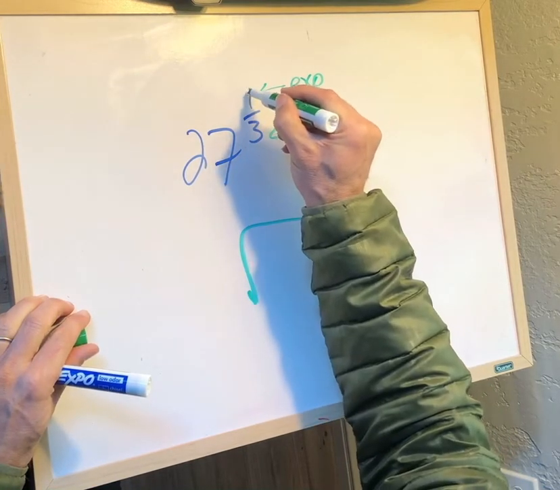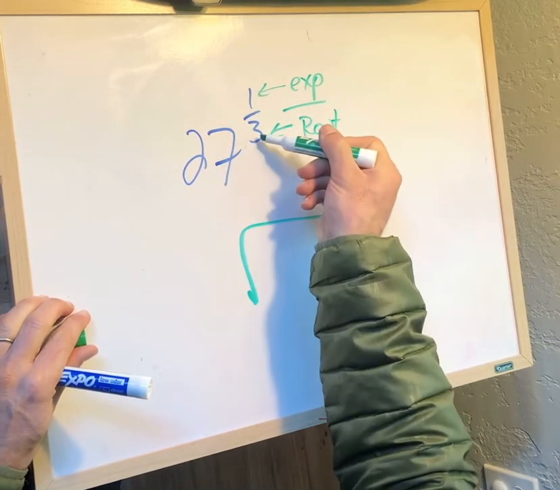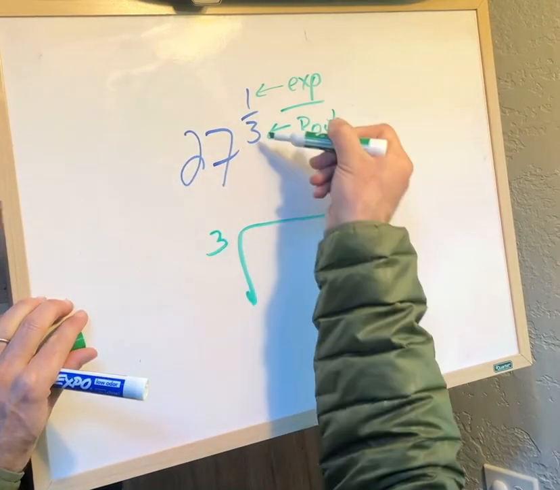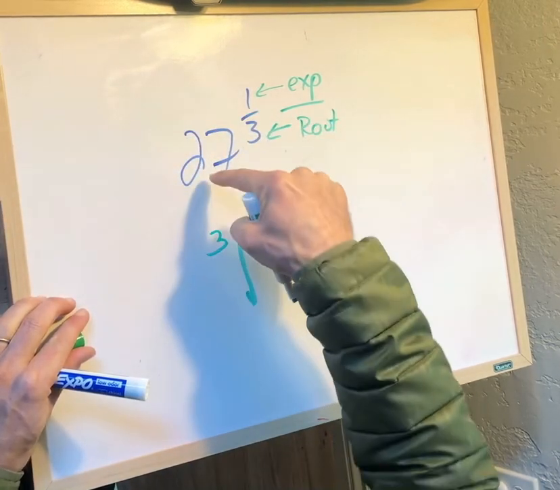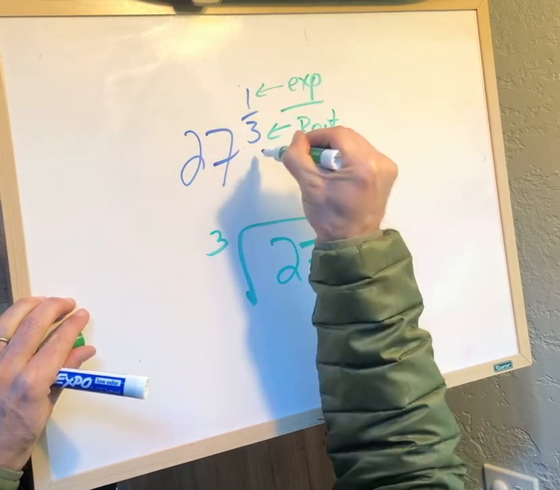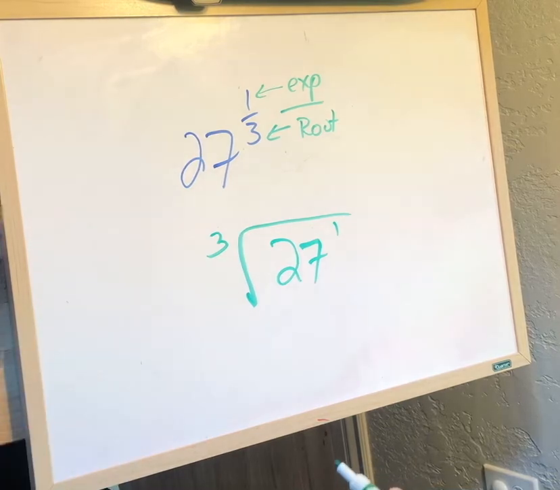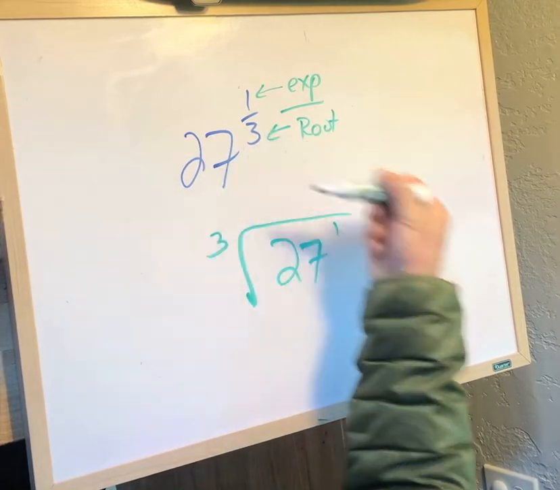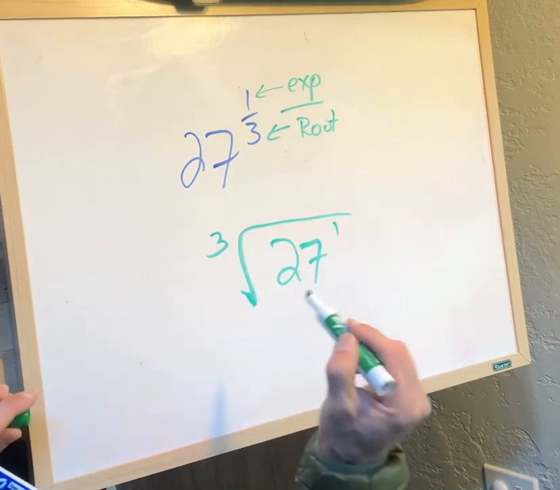This 1 drops down and it shoves this denominator outside of the root. This is the number inside the root. This 1 drops down and it becomes your exponent, and it shoves the 3, or whatever your denominator is, outside. So here's your question now.